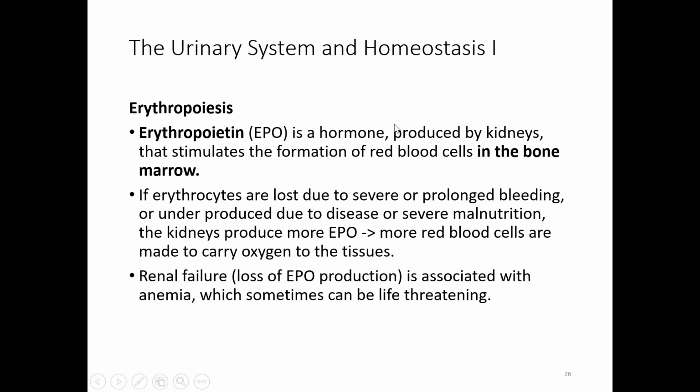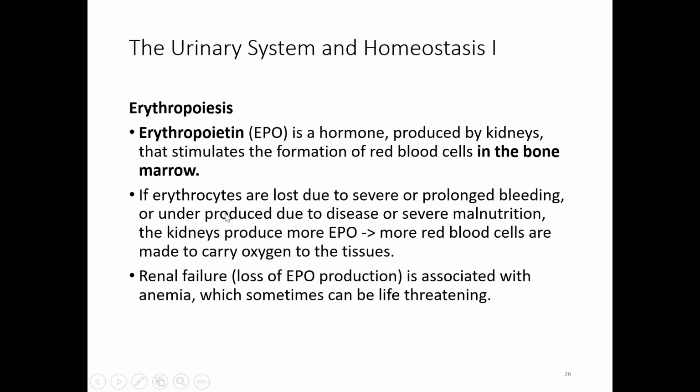Erythropoiesis. To produce red blood cells, the bone marrow must be stimulated by a special hormone, EPO, or erythropoietin. It is produced by the kidneys.